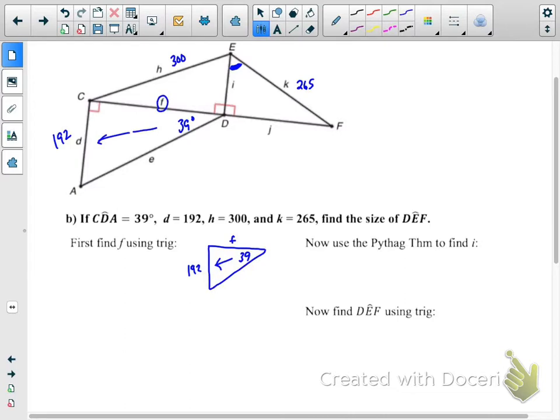So that's opposite and adjacent, so that's tangent. Tangent of 39 is equal to 192 over f. So f tangent of 39 is equal to 192. F is 192 over the tangent of 39.